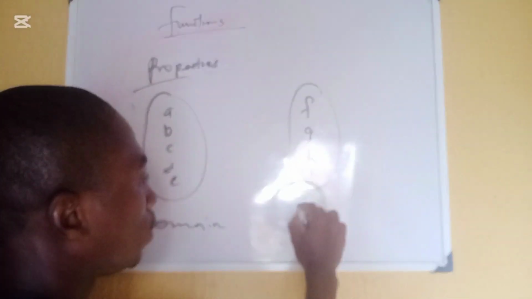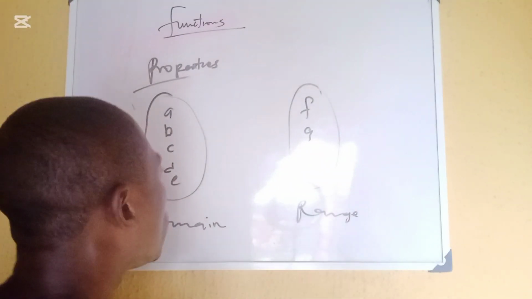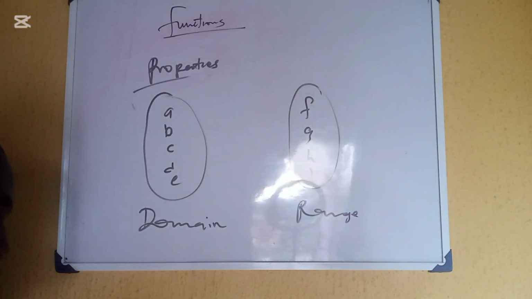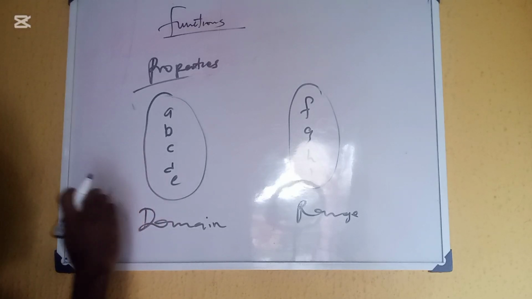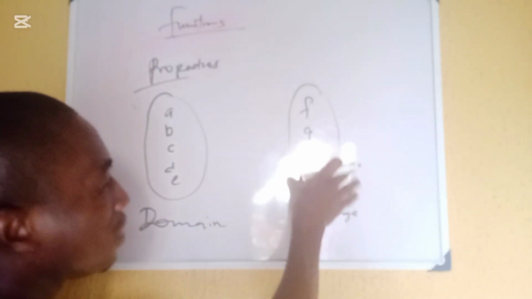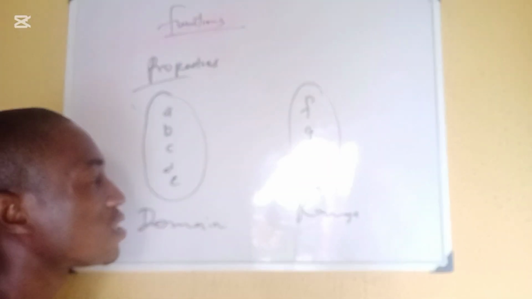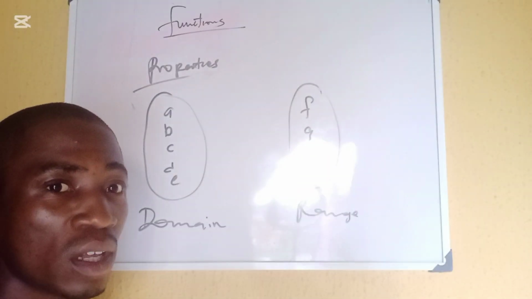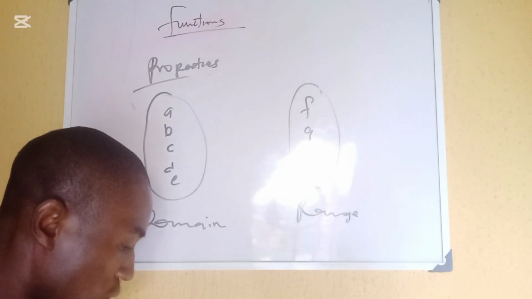Here we'll call this the range. So what's the domain? The domain is the set of all possible input values. So all the input values that you can get for a particular function is called the domain. Whereas the range is the set of all possible output values.